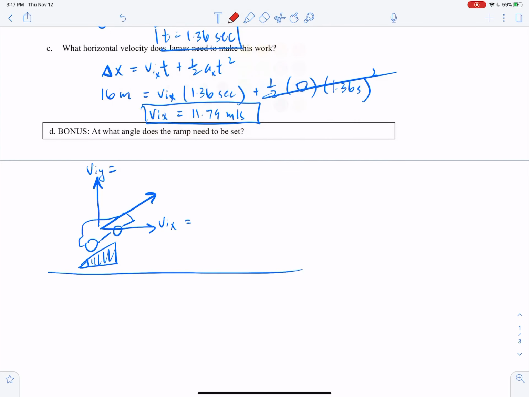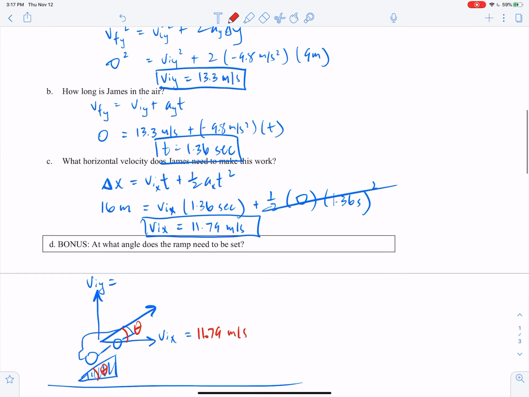This would be the angle here between them. I'm going to call that theta, which is the same as this angle here, theta on the ramp. So those velocities are, we've got 11.79 in the horizontal direction, and in the vertical direction, we've got 13.3.